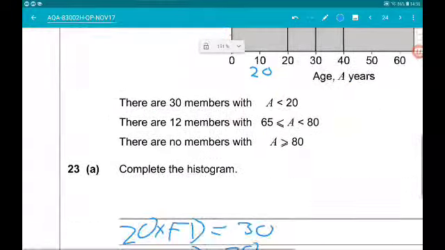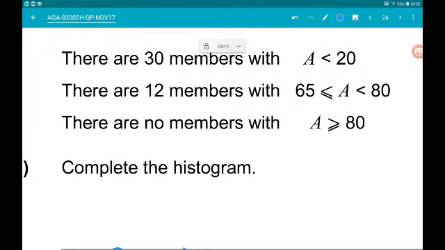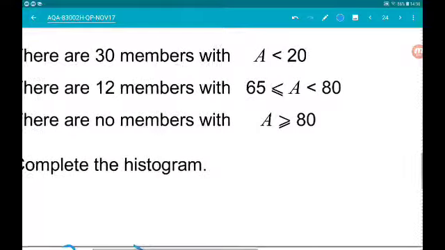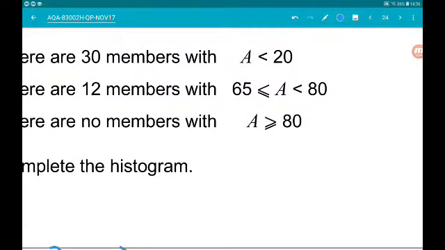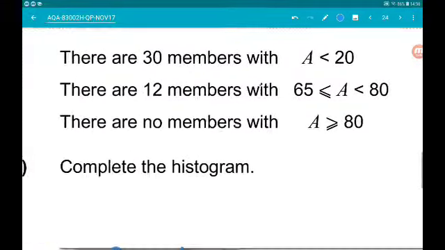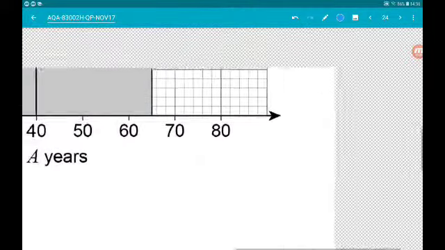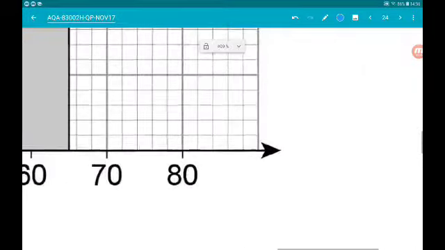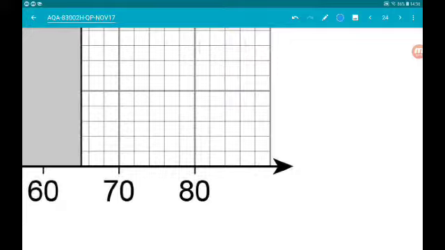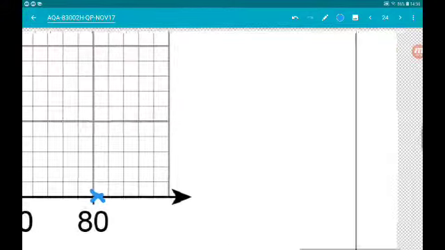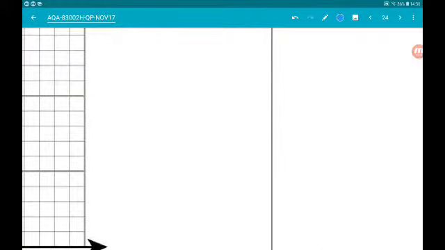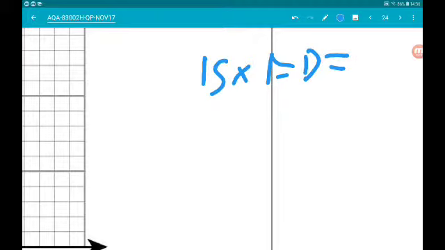Now what we need to do is draw the bar for the people between 65 and 80. So we know there are 12 people. The interval is 15 wide, so we know 15 times frequency density is equal to 12.